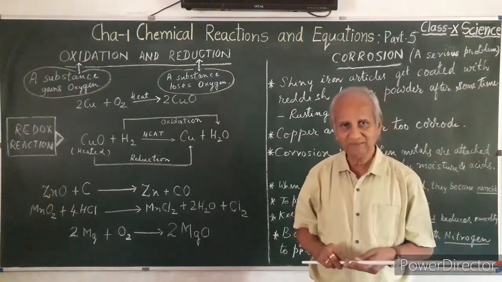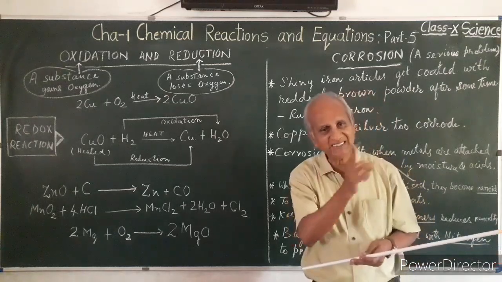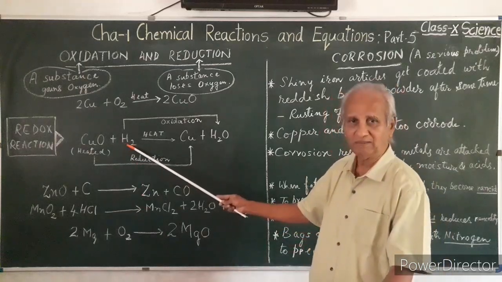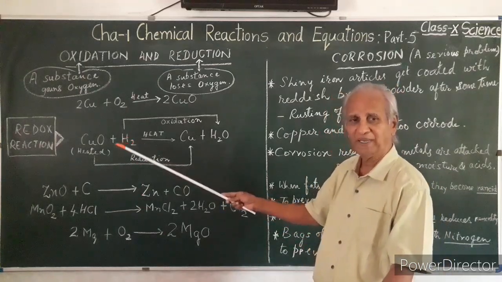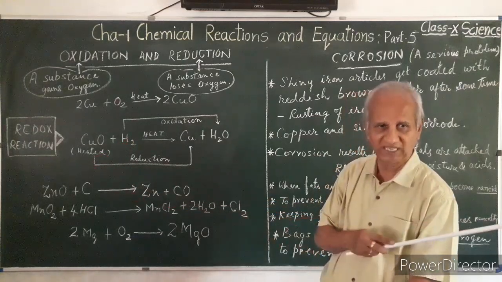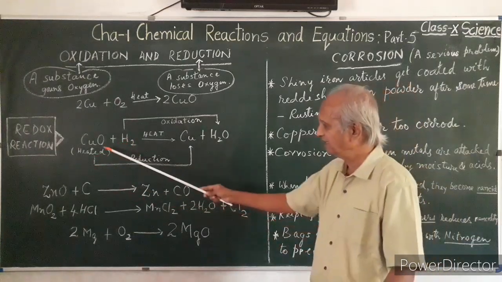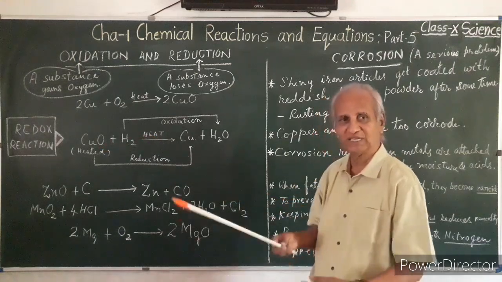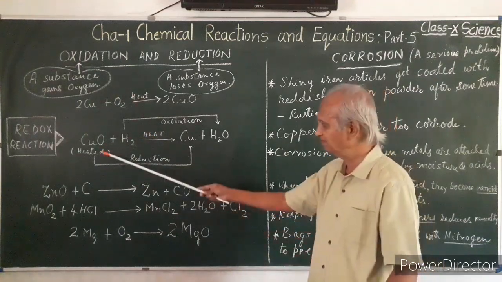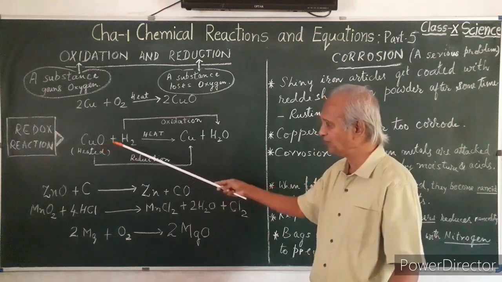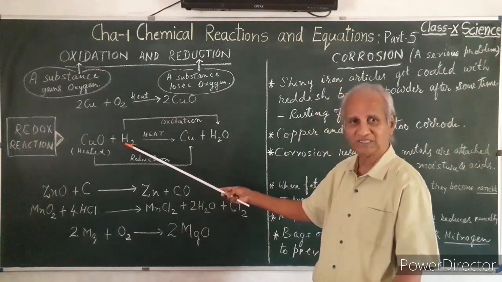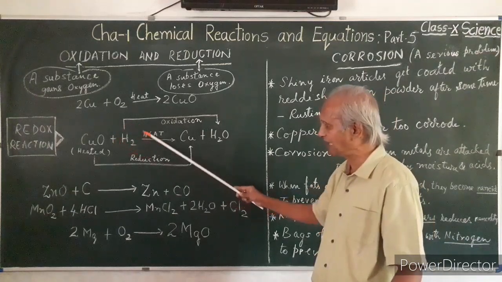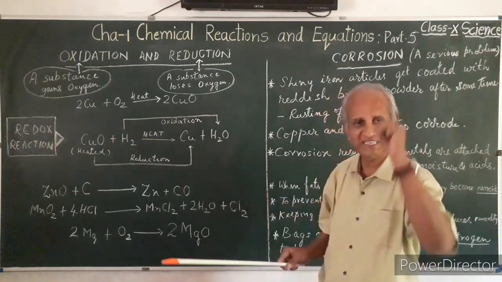In the meanwhile, oxidation too has taken place in this reaction. See here, hydrogen which was made to pass over cupric oxide, copper oxide, absorbed oxygen from here. Copper oxide lost oxygen, but that oxygen was gained by hydrogen. So from the viewpoint of hydrogen gas here, it is oxidation.